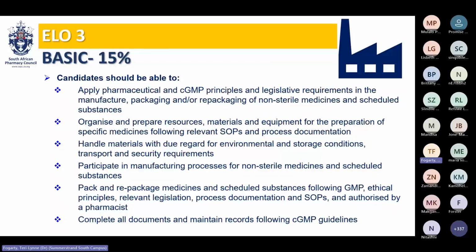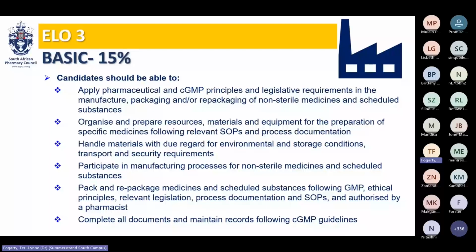You need to be able to know how to handle the materials in different environmental and storage conditions that might be required for different active pharmaceutical ingredients and the security requirements around those.